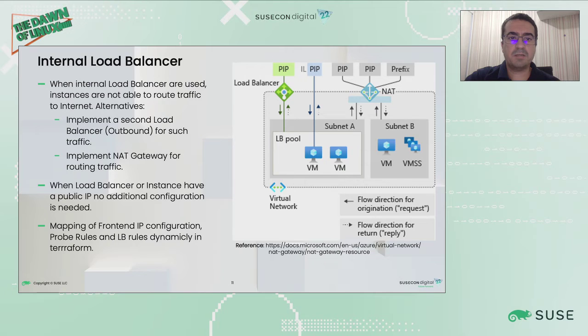One of the points where we had some warnings during the project was that when you use internal load balancers, the instances are not able to route traffic to the internet. So you have two alternatives for this. One is to implement a second load balancer, called an outbound load balancer, for this traffic. Another way is to implement a NAT gateway to route that traffic.